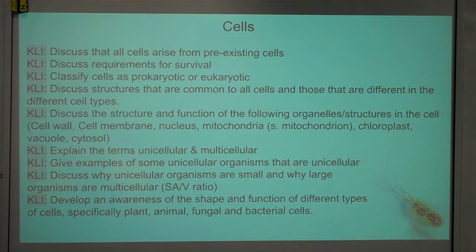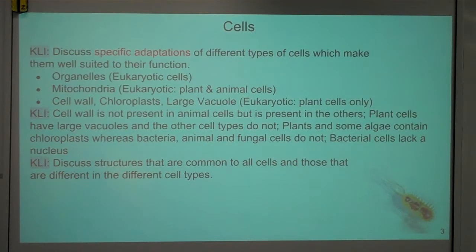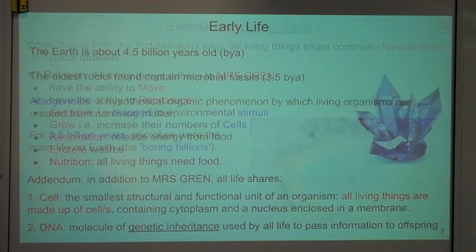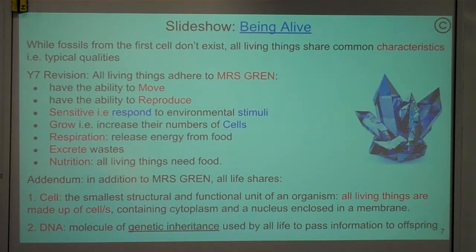So you should have notes, you should have maybe a cram card on those key learning intentions. Those are your key terms. So there's a little bit of revision from year 7. Mrs. Green talks about how we know things are alive, how we classify them, and then it goes from there. What are the characteristics of living things, and we explored that idea.